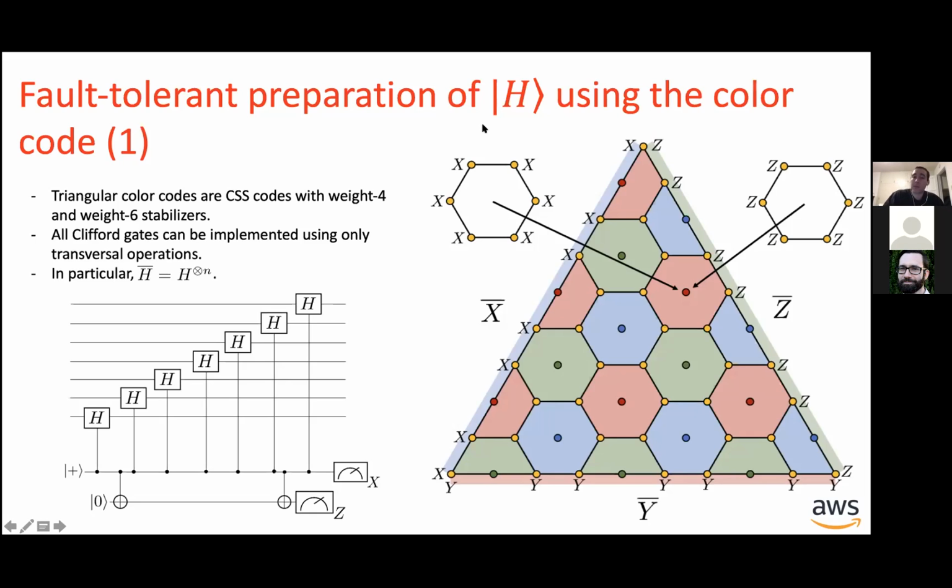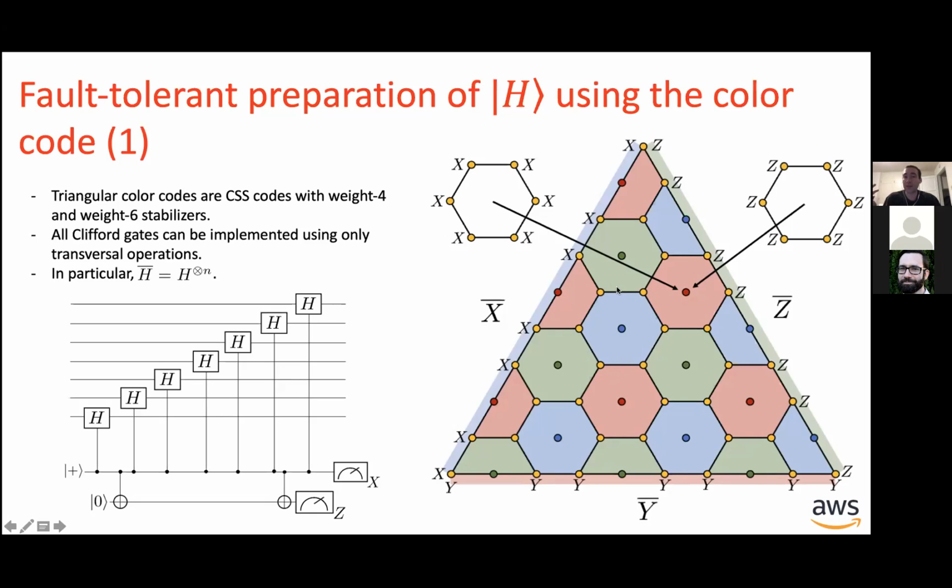And they're obtained by taking tilings of hexagons and then cutting the tiling of hexagons by an equilateral triangle. And the size of the boundary of the triangle is going to determine the distance of the color code that you end up having, right? And here the data qubits are going to be on the vertices of these hexagons. So these would be the yellow dots that you see in this picture.